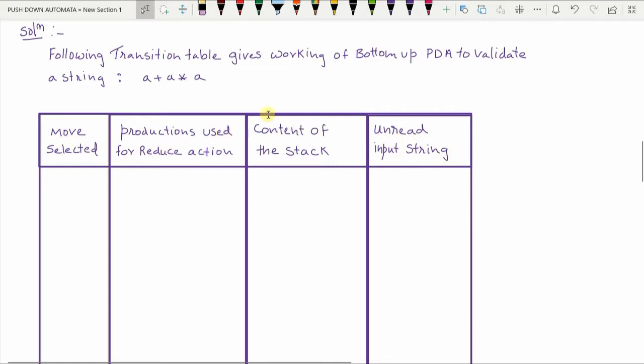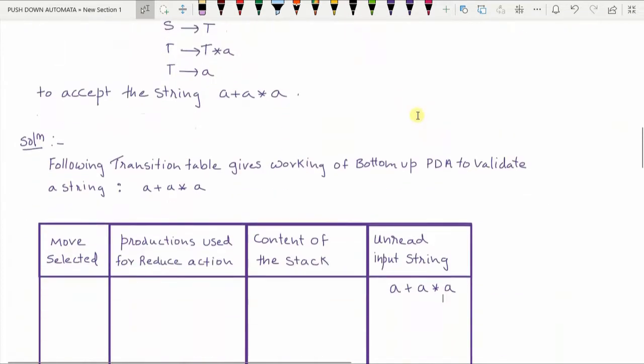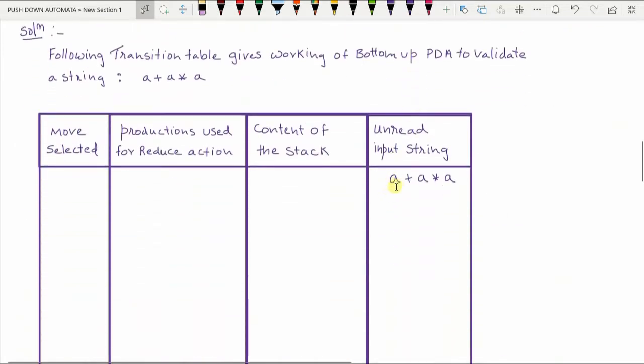So let's begin. Initially we are trying to validate the string a plus a into a, which is given to us. It is unread so far. In step number 1, the input pointer is initialized to the beginning of the string. It has not started reading, but it will be reading a.